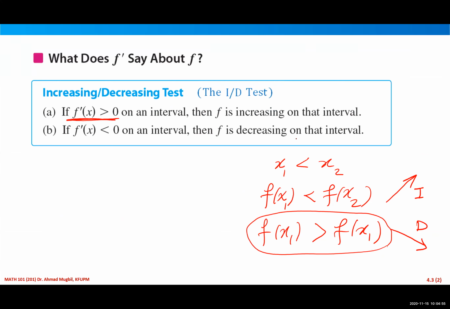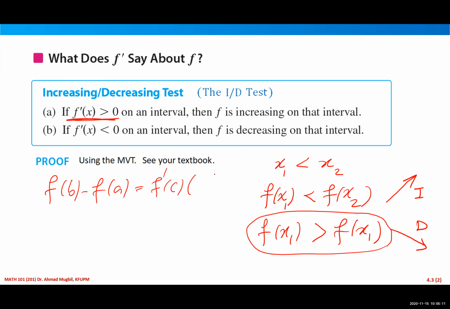The proof of this test or theorem is in your book, and it depends on the mean value theorem. If you remember the mean value theorem, f of b minus f of a equals f prime of c times b minus a. Let's take in our case x1 and x2.